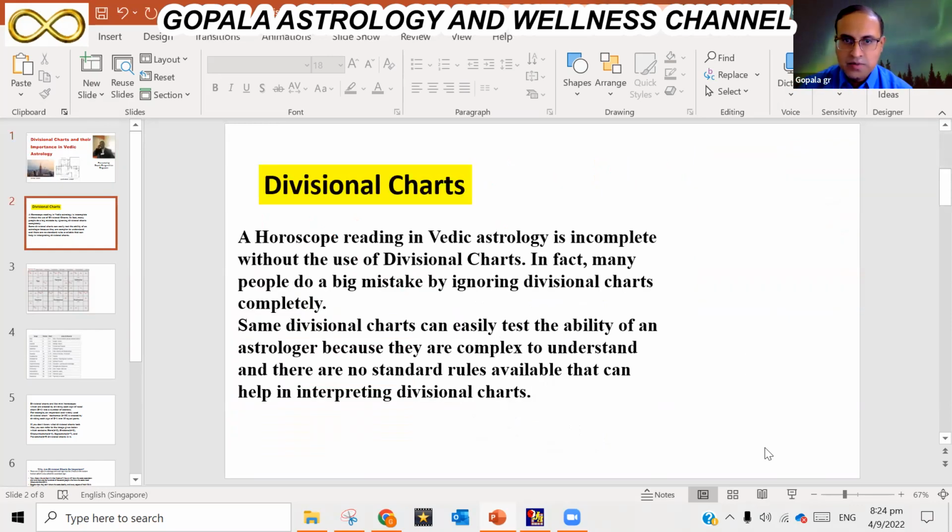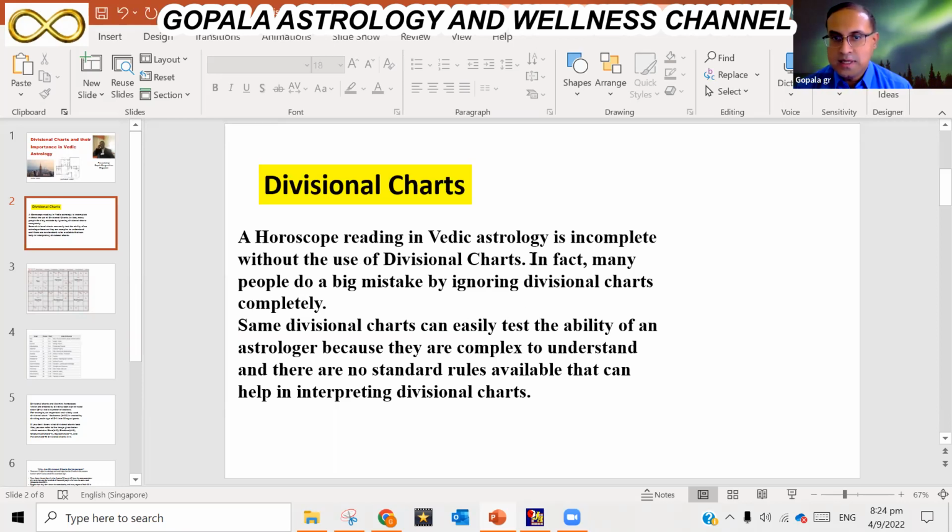In a few slides, you will understand more about this. The definition of a divisional chart itself says that horoscope reading in Vedic astrology is incomplete when you don't use divisional charts. It is like seeing a building and talking about the entire building's analysis just from the top view, which is not correct.